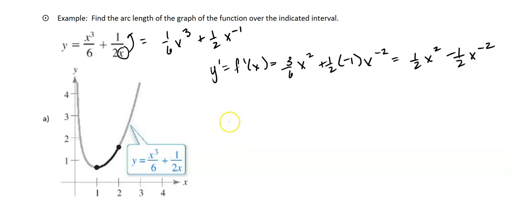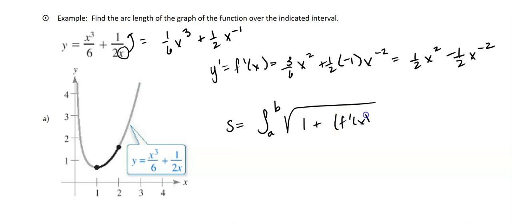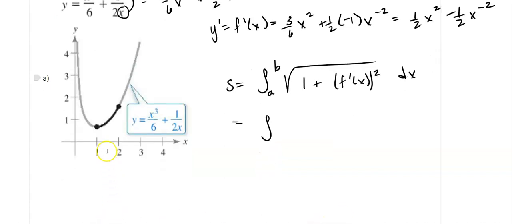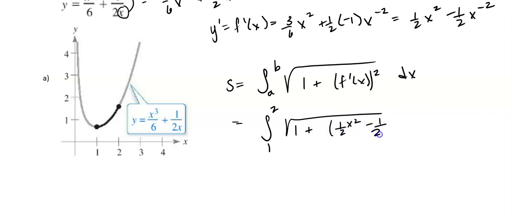So my s, which is the integral from a to b of the square root of 1 plus f prime of x squared, will be the integral from, let's look at our graph, this goes from 1 to 2, of the square root of 1 plus, let's go ahead and write this as (1/2 x squared minus 1 over 2x squared) squared.